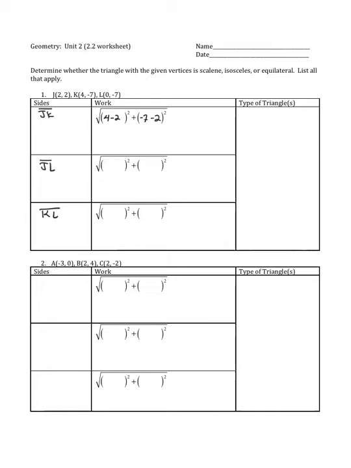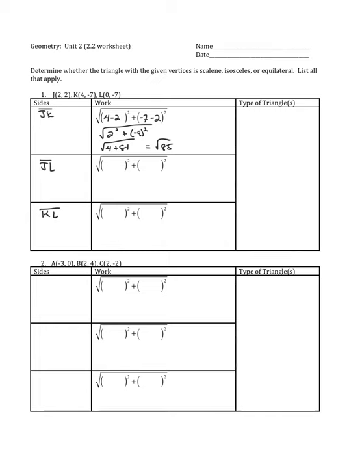This becomes 2 squared plus negative 9 squared. Square root of 4 plus 81 equals the square root of 85. Leave it there. You do not need to put it in decimal form. Keeping it as the square root of 85 is completely legitimate, so leave it.